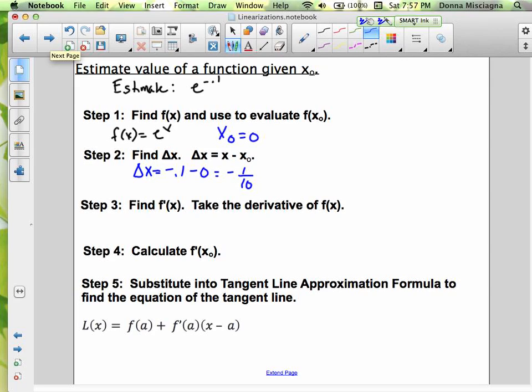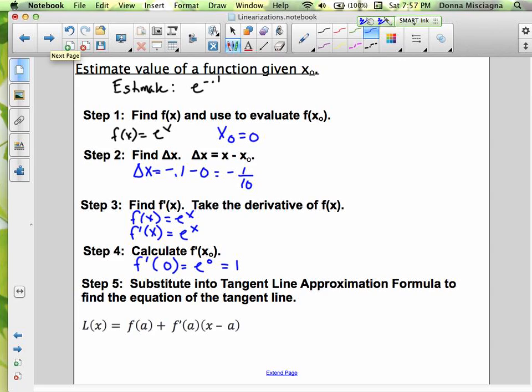All right, let's take the derivative. That's pretty easy. F of x is e to the x. F prime of x is e to the x. It is its own derivative. Calculate f prime of 0, which would be e to the 0, and that is 1. That's pretty easy.